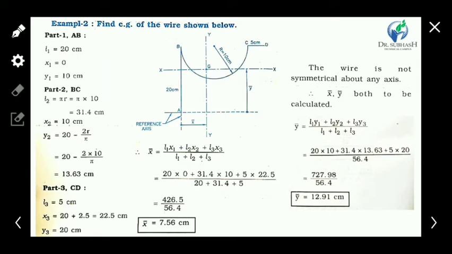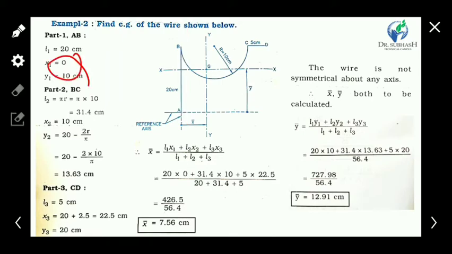So the first element length is 20 centimeter, and the reference axis is considered from point A. So the CG of AB is at the mid of AB. So the vertical distance y1 is 10 centimeter, and the horizontal distance is 0 from the reference axis, because AB has no distance from the reference axis.